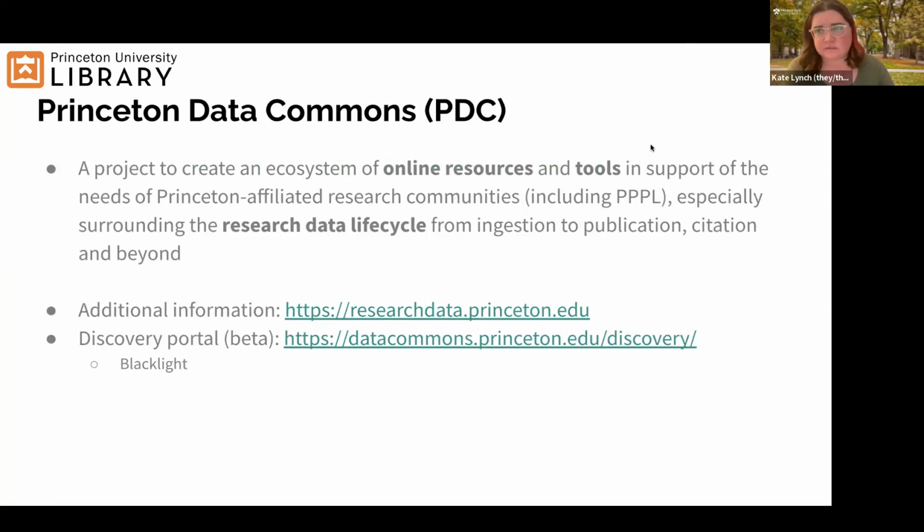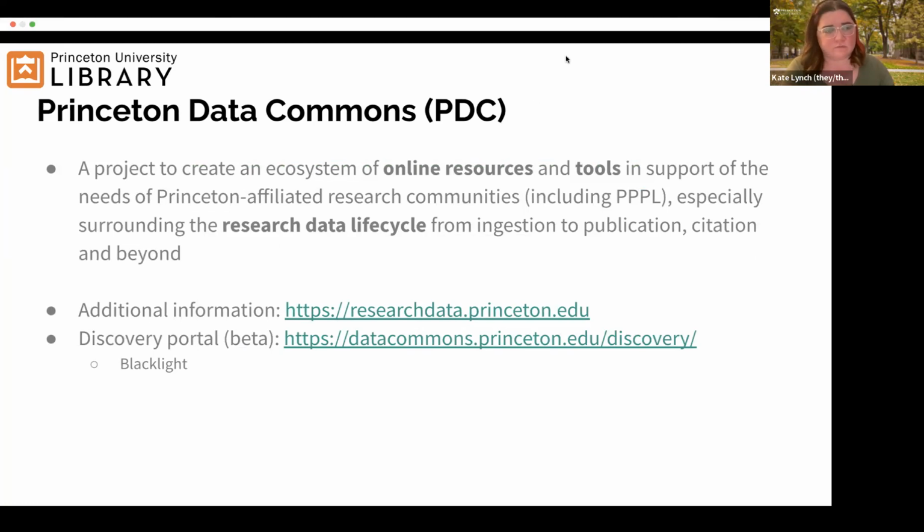Princeton Data Commons is an initiative that is mostly spearheaded through the Princeton Research Data Service, or PRDS, and supported by PULIT in particular. And it's a project that's intended to create an ecosystem of tools and services that support the research data lifecycle for Princeton-affiliated research communities and research data surrounding ingestion, publication, citation, even preservation, and beyond.